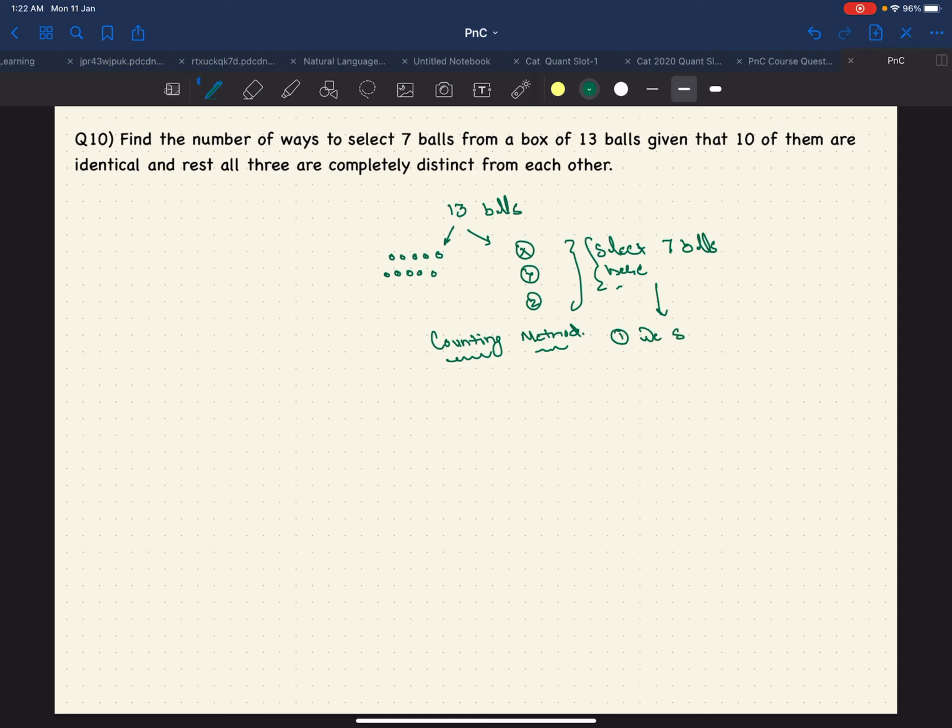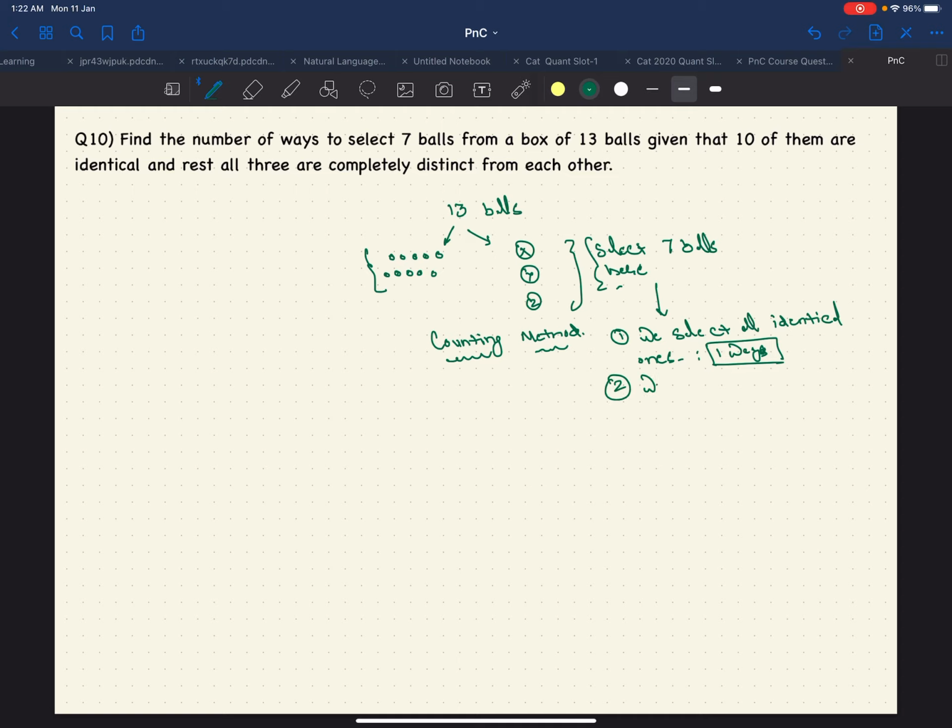We select all identical ones. Now, as all are identical, there will be only one way to select them. So we can actually take any 7 of these 10 balls. We will always get the same result because all the 10 balls are identical to each other.